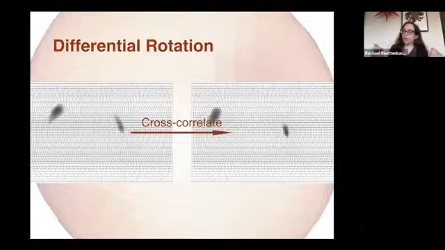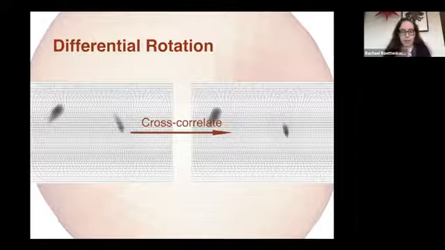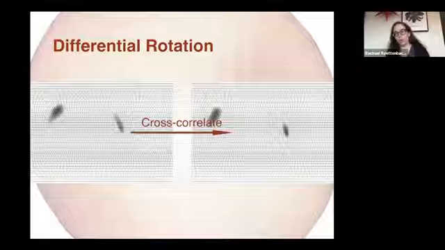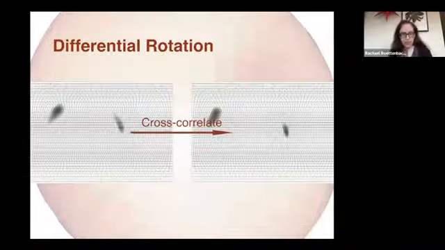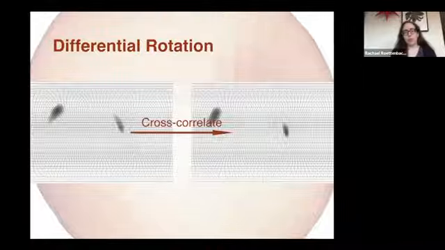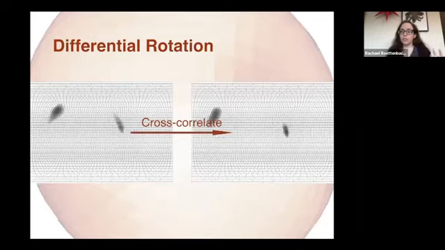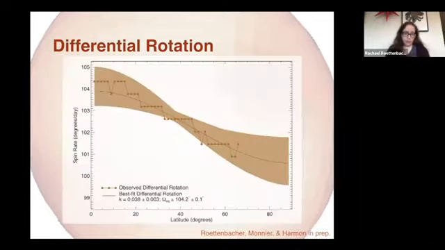I break them up in those latitude bands, which are conveniently already there, and cross-correlate them to see if we can measure the shift from one rotation to the next and how that depends on the latitude. Hopefully that helps us measure the differential rotation of the star. And it turns out we were actually successful with this.